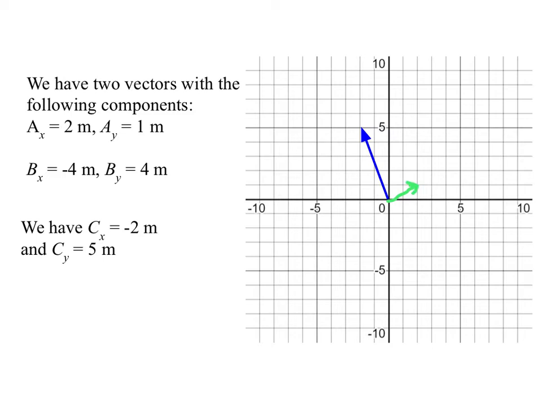And then starting at that point, tip to tail, because why not, starting here, we want to go over 4 and up 4. 1, 2, 3, 4. And up 4. 1, 2, 3, 4. So B looks like that. And we see that, not surprisingly, it already lines up with what we had said was C.